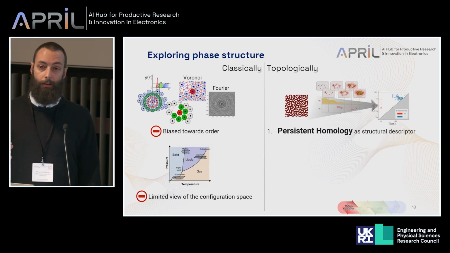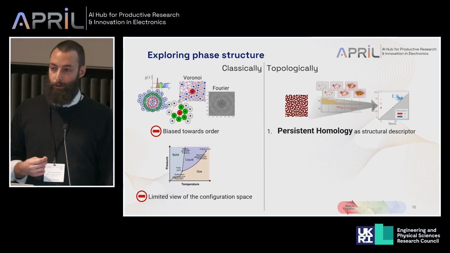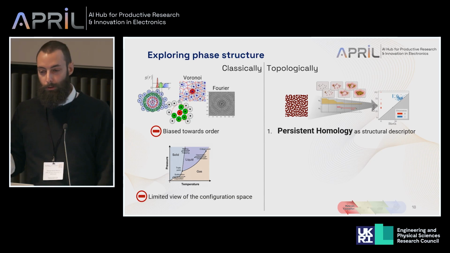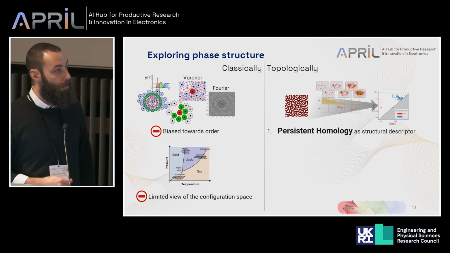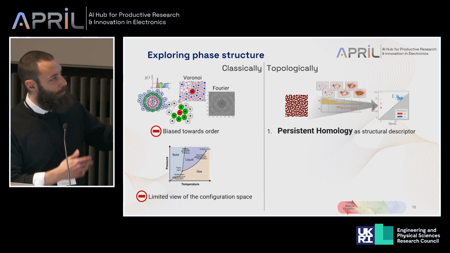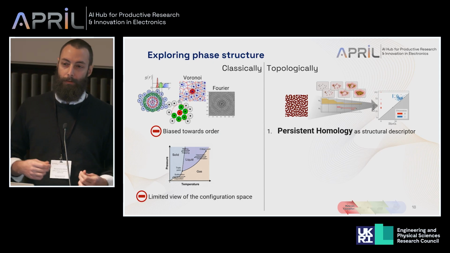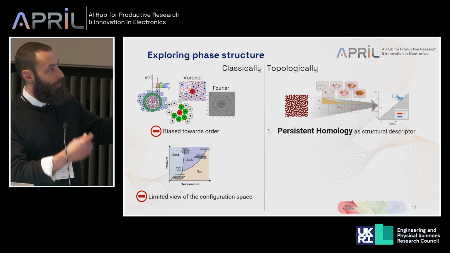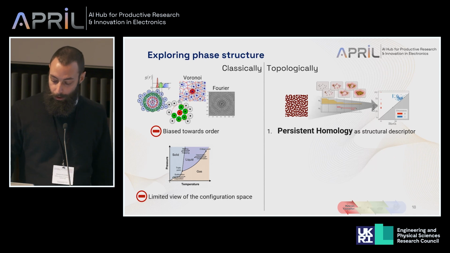To describe structure, I use a tool called persistent homology, which is a multi-scale tool, and it's very robust against noise. It gives you a descriptor that looks a bit weird, but it's super expressive about how the structure of the particles has been created.